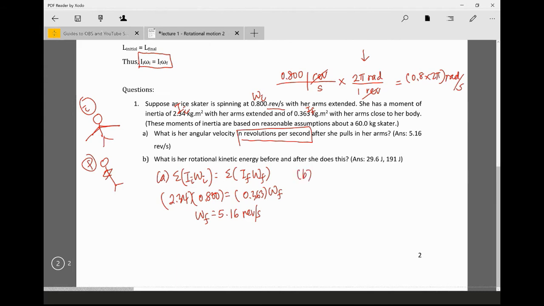Now, what is her rotational kinetic energy? Rotational kinetic energy is given by half I omega squared. Before and after means you have to find both initial and final. Initial is half times 4.34 times omega, 0.8.